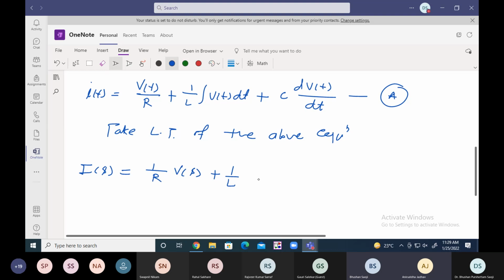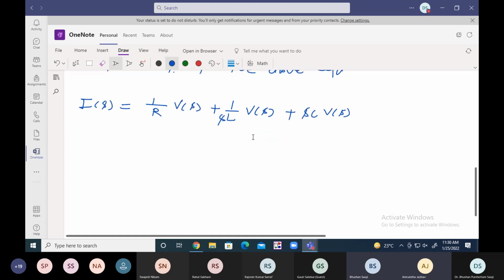And integration is 1 by s, so we write s into L into v of s, plus C as it is, and d by dt is s. So s into C and v of t becomes v of s.